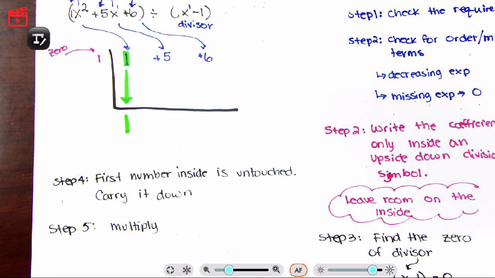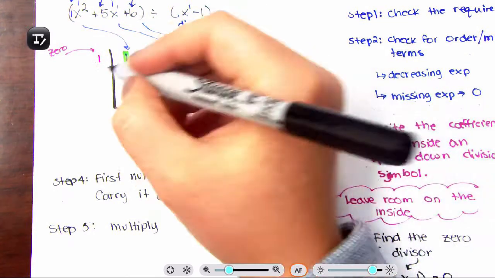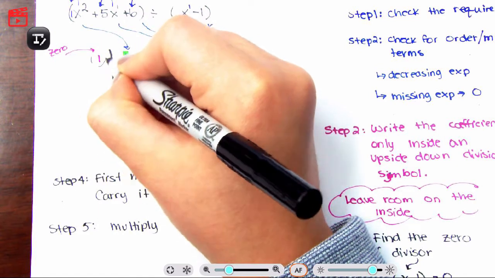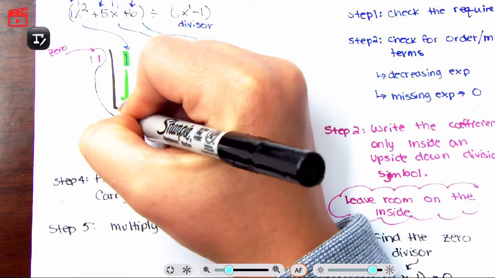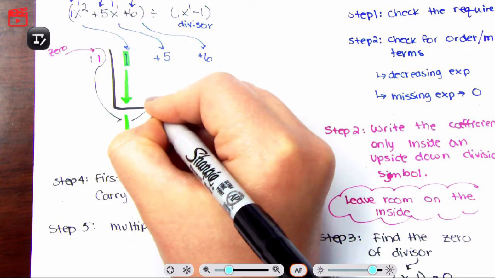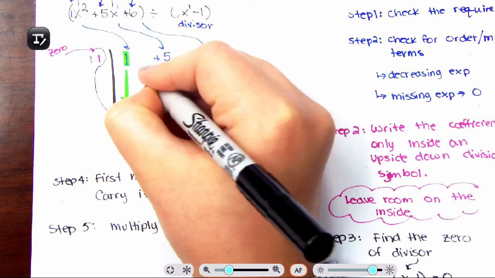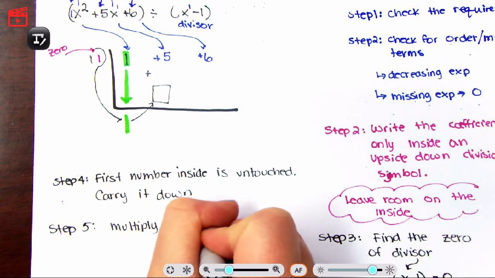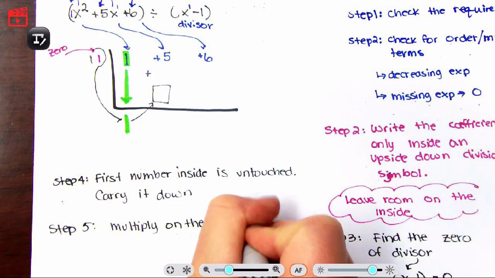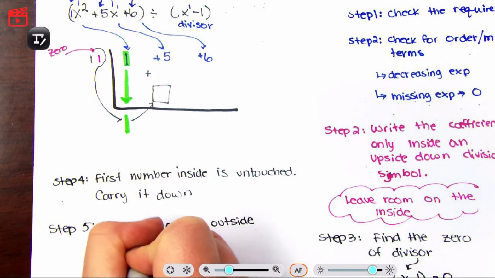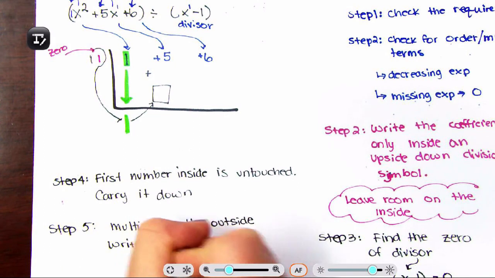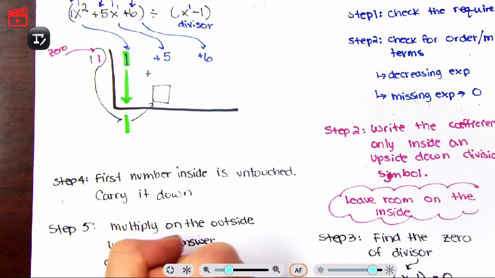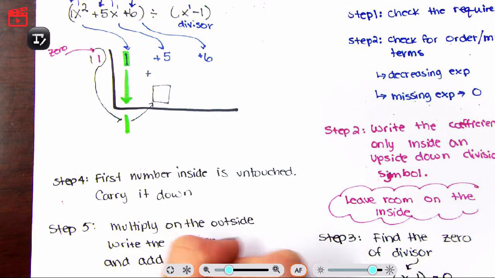I'm thinking of what's the best way to say it, so I'm just going to show you. You're taking the 0 right here. You're going to multiply on the outside, write the answer, which is the product, and add on the inside.